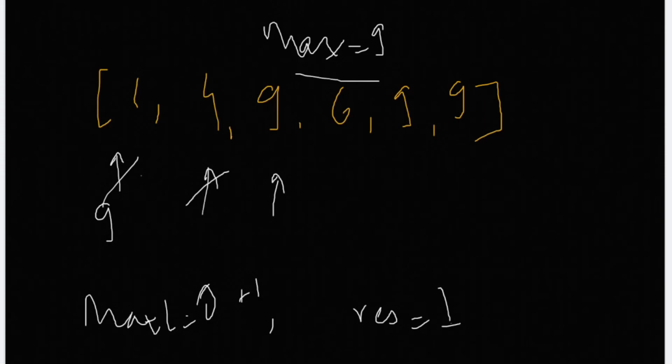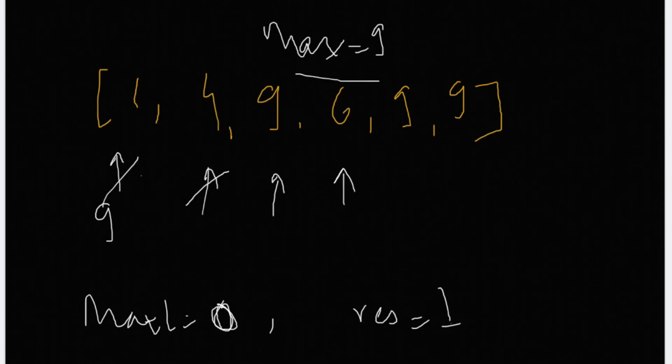Now as soon as I move forward, I'll check if this is my maximum element or not. Since it is not, what I'll do is I'll yet again make my current length 0, but I know my resultant is already storing my actual maximum length of the subarray.